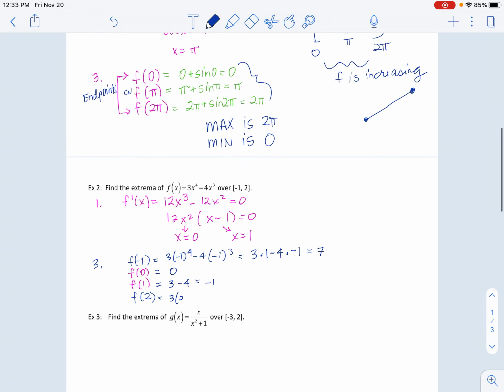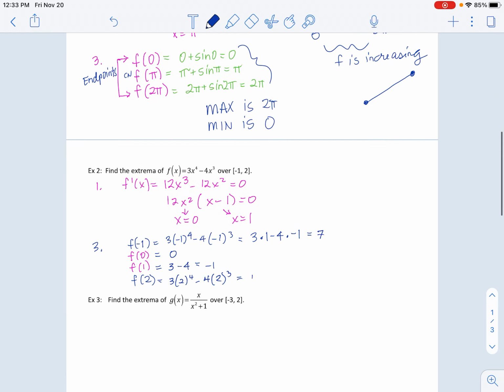And f of 2, ooh, a little bit of math here: 2 to the 4th power is 16 times 3, so I've got 48 for my first term, and my second term is 8 times 4, which is 32. 48 minus 32 is 16.